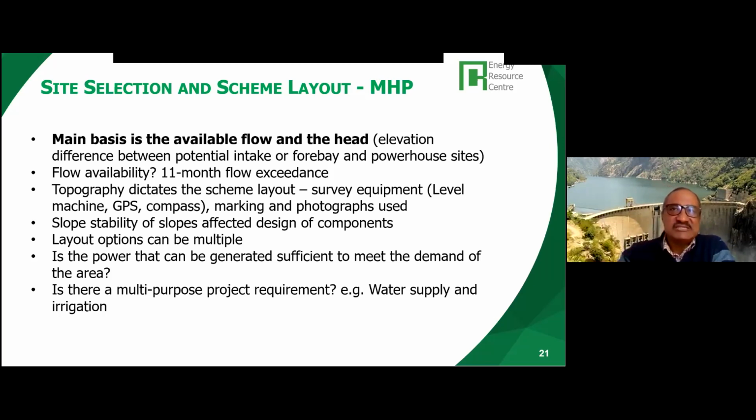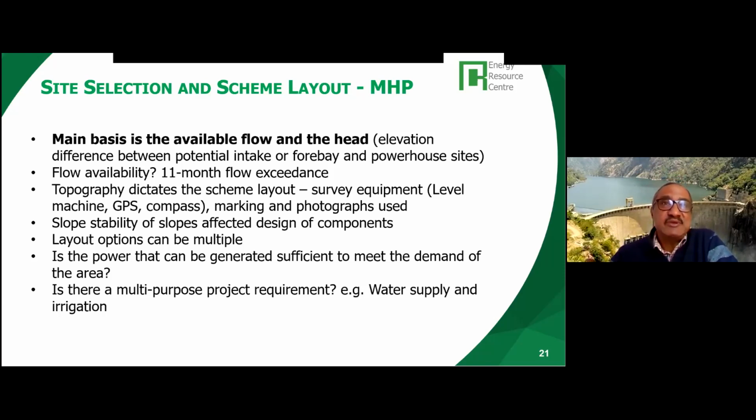Because when you design or plan the alignment of the pipes or the canals, you have to make sure it doesn't fall under or below an unstable slope. So it is important to get an idea of the conditions of the slopes and the topography, because hydropower to a certain extent is more feasible in hilly areas.